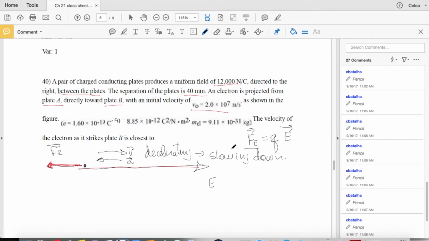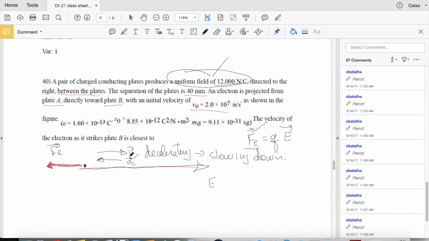That's the first thing you have to know. The second thing is the field between those two plates is uniform, which means the force is constant, which means the acceleration is also constant.